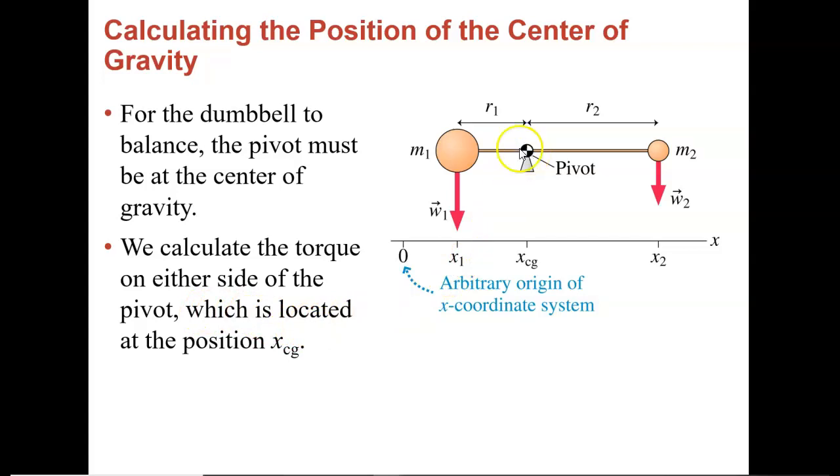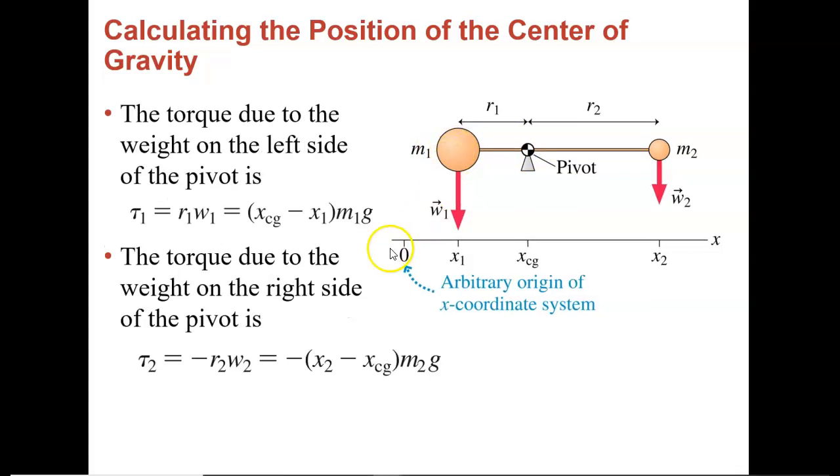You think back kind of like the center of mass. This pivot point is going to be closer where there's more mass. The torque due to the weight on the left side is this. So on the left side, we have our mass. We have our moment arm.